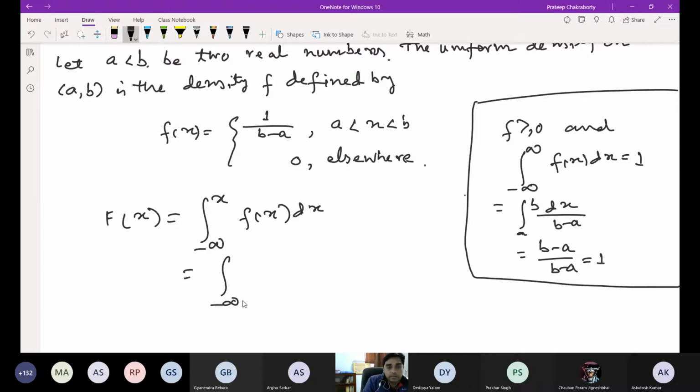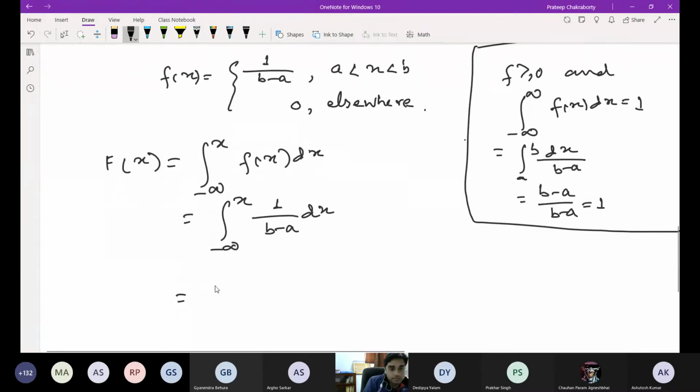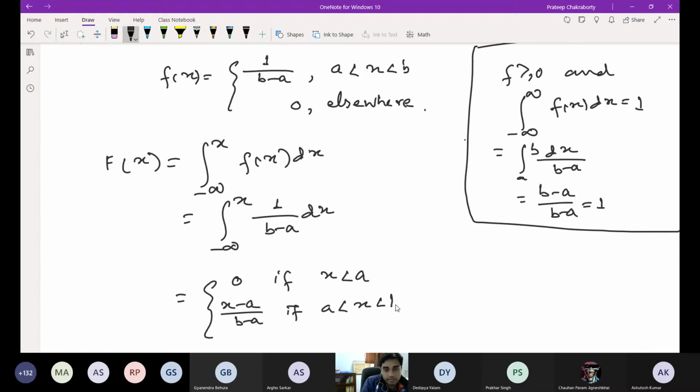This is the integral from minus infinity to x of 1 by b minus a dx, which is 0 if x is less than a, x minus a by b minus a if a is less than x less than b, and 1 if x is greater than b.